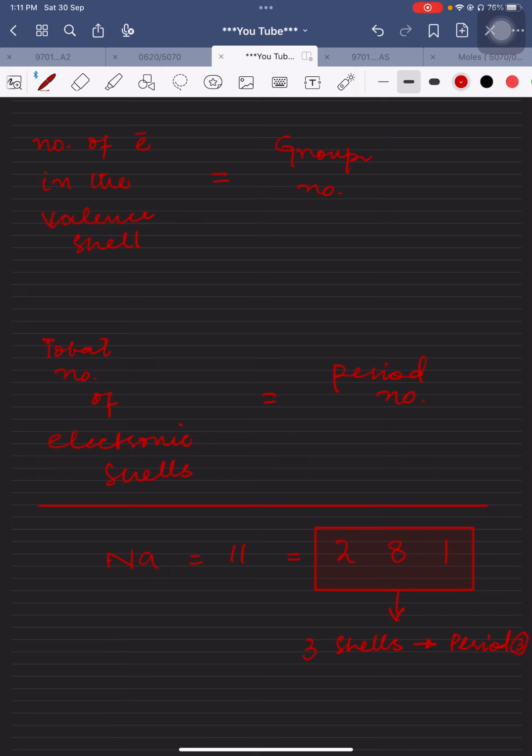And the number of electrons in the outermost shell is equal to 1, so its group number is 1. This is the information we can get from the electronic configuration.